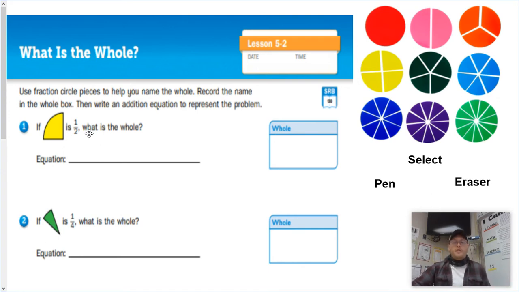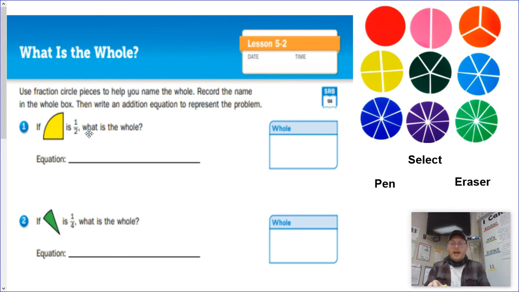So if I have this, which equals a half, what is my whole? Well, first off, I have to figure out what my whole is using these guys.